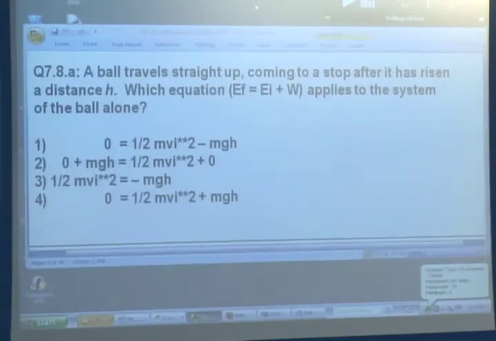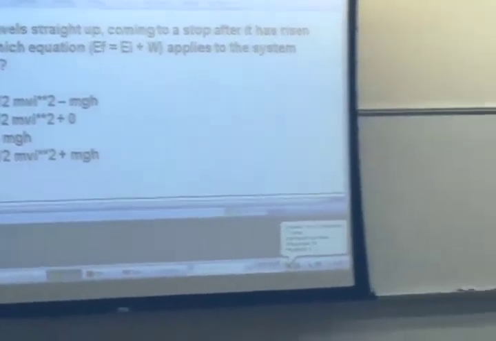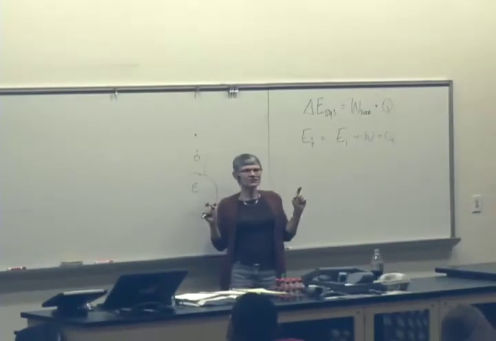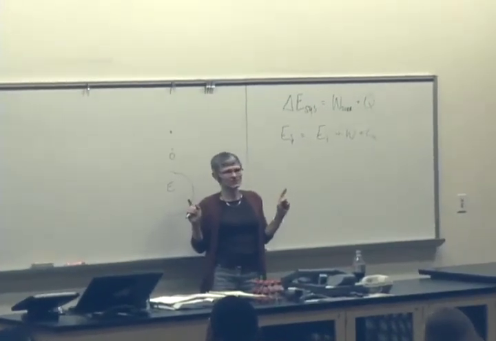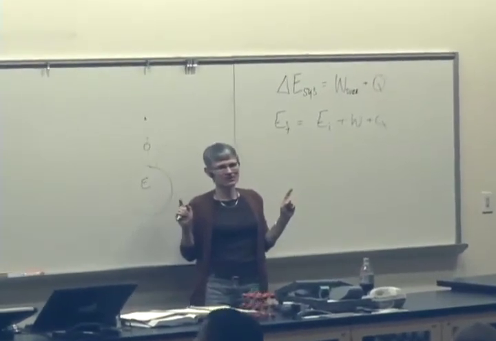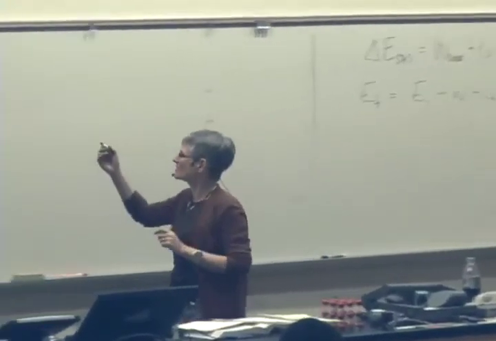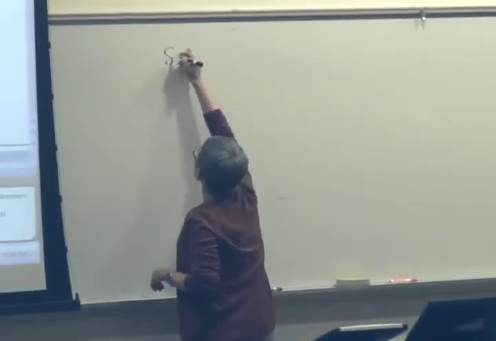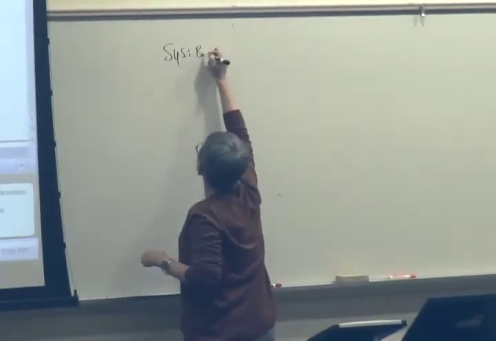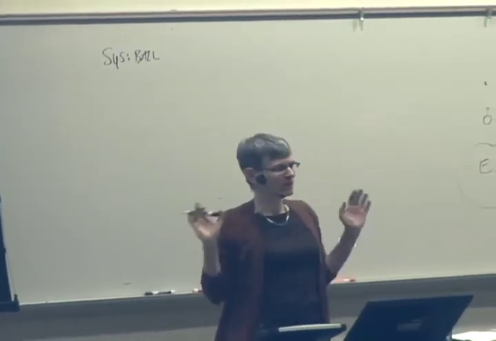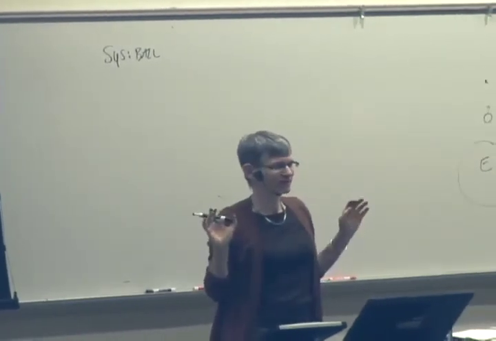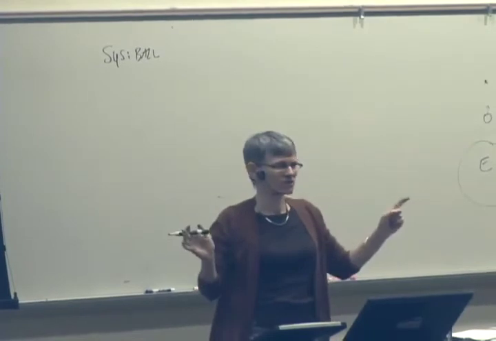Okay, so we better write it out. This is why it's actually important to talk about this, because you can make mistakes if you're not careful. So the system is the ball, and what kind of energy can the ball have? Rest energy, but that doesn't change.